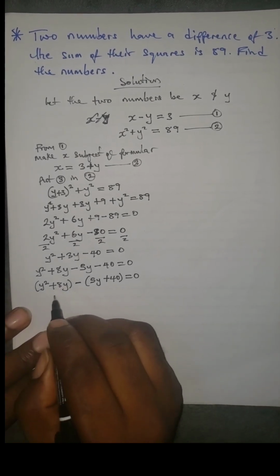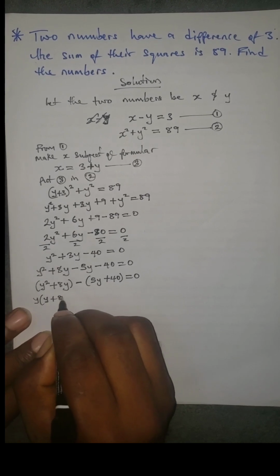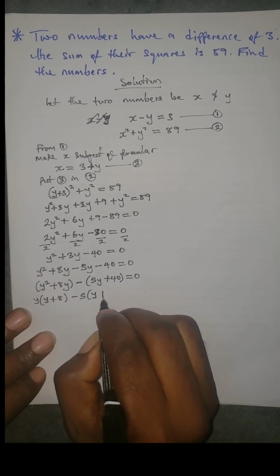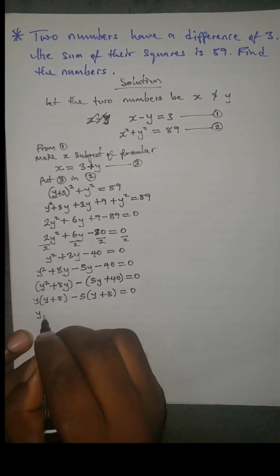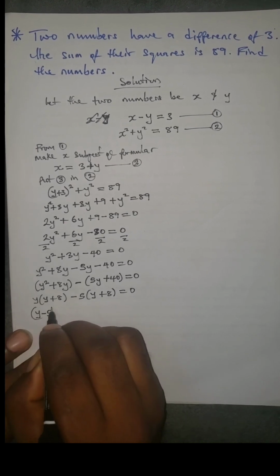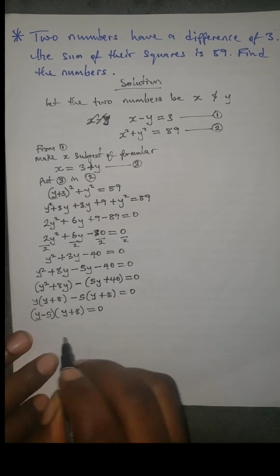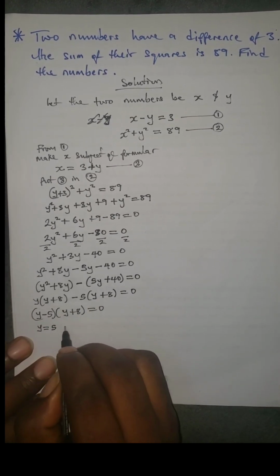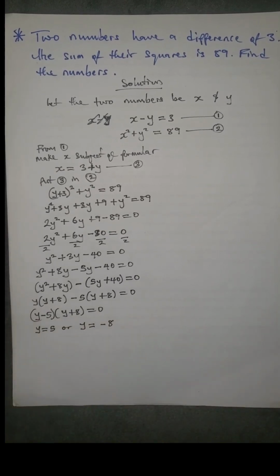So factor out what is common here. y is common, you have y plus 8. Minus 5 is common, you have y plus 8 equal to 0. So that will give you y minus 5 into y plus 8 equal to 0. So this will give you y equal to 5 or y equal to minus 8.